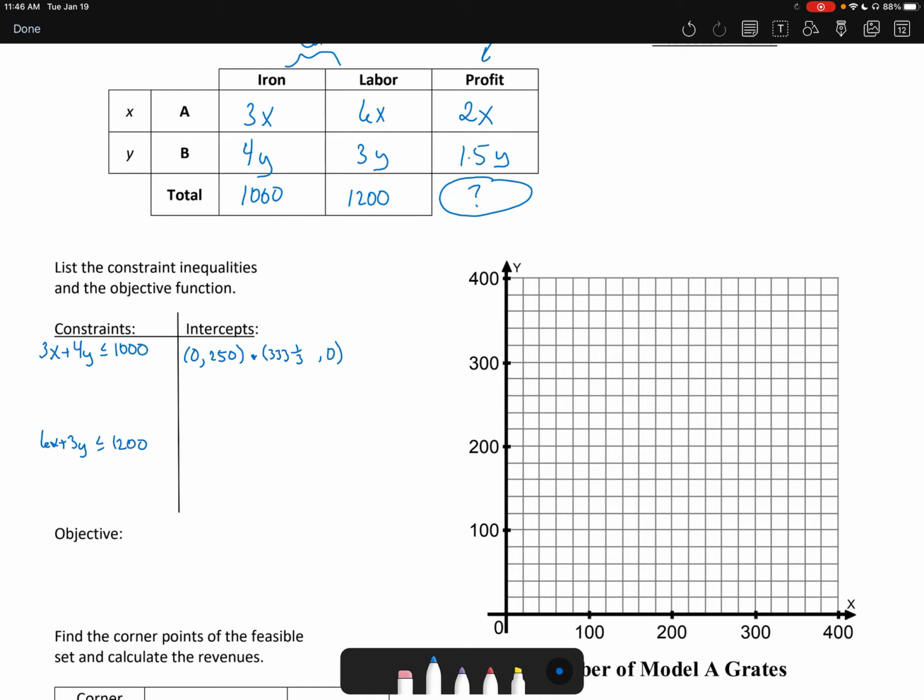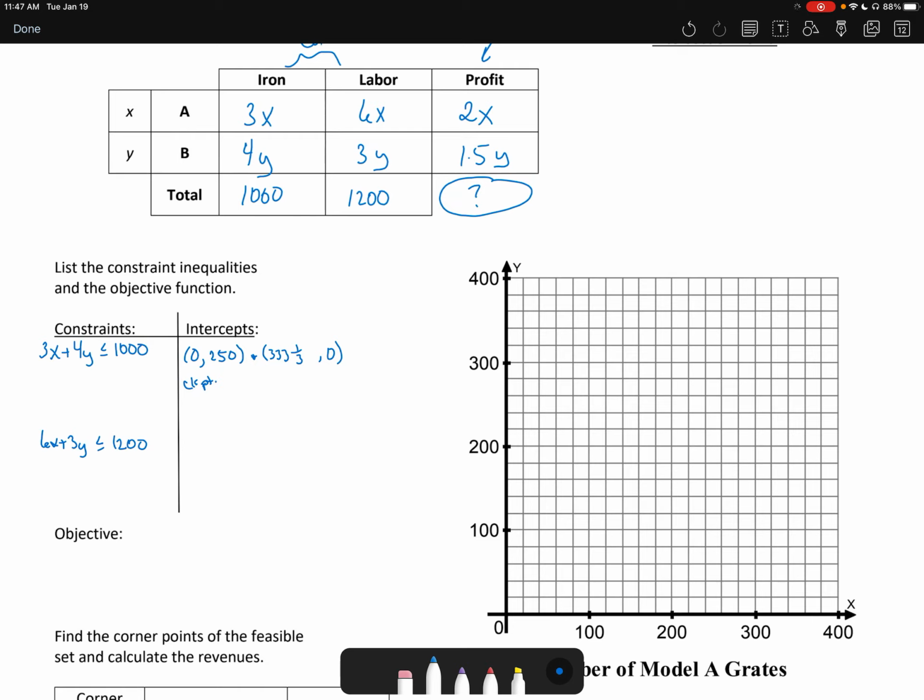I'm also going to do my checkpoint before I go over to my graph because I'm going to need to figure out where to shade. I need to leave that blank for a second because I need to get my line on there to make sure 0, 0 is available for me.